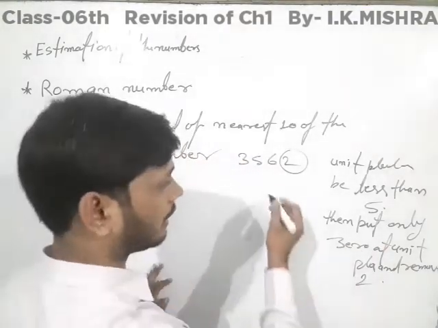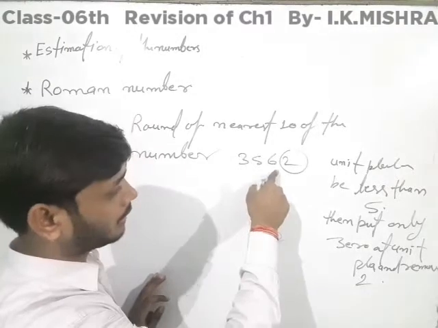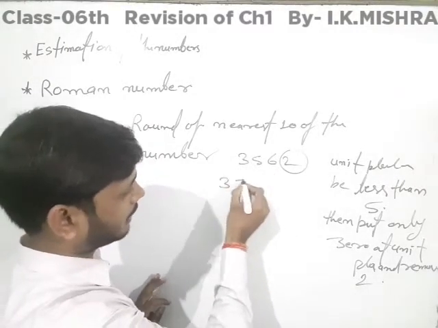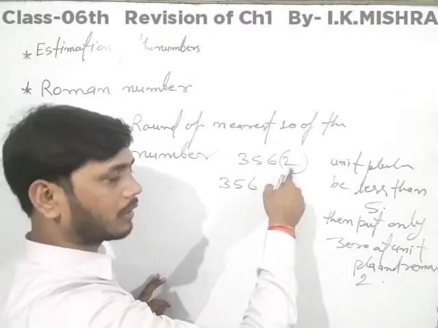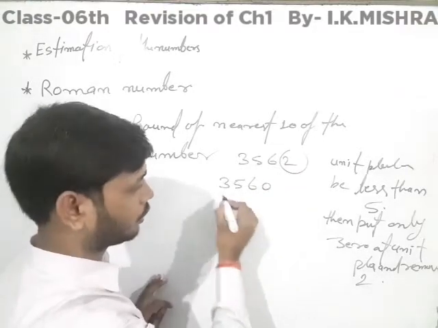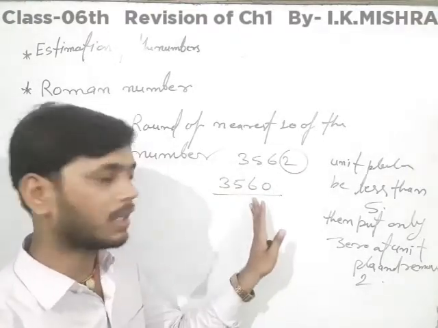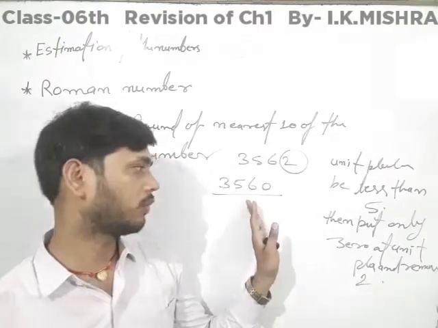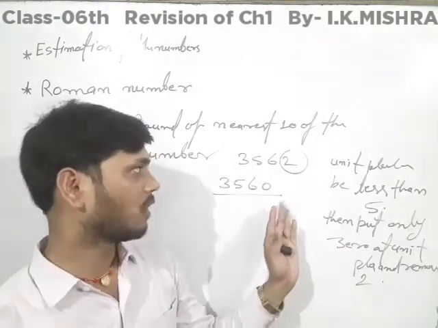That means when you have to estimate it, 3, 5, 6, remove the last digit and put 0 here. This is the estimation, the rounding to the nearest 10 of the number.